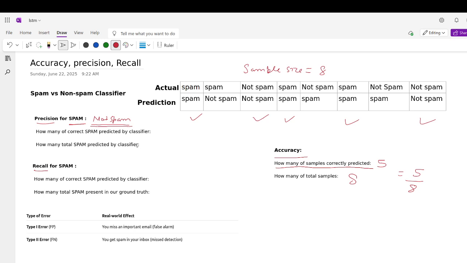Always take care: once you calculate the precision for any class, look at how many times that class was predicted by the model. For example, how many times is spam predicted by the model? Let's erase these tick marks.